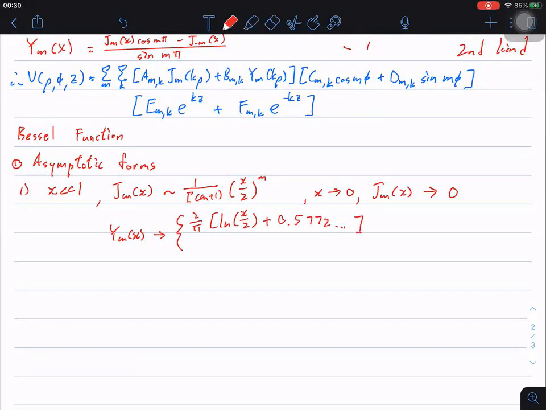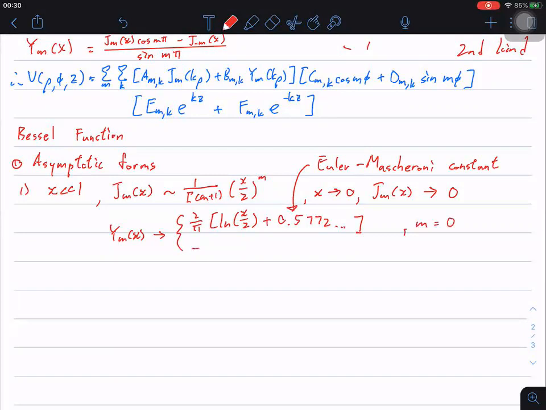I won't derive this form and this constant here, but I can give a name of this constant. If you're interested, you can Google it for more detail, or you can email us. Okay, so this one is for m equal to 0.